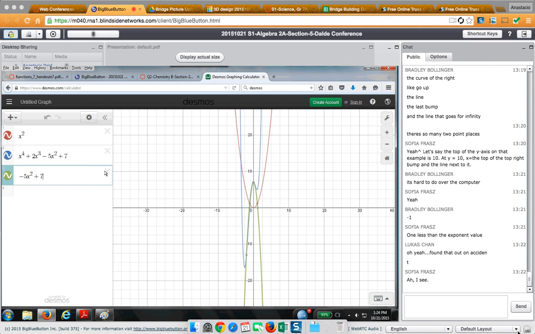One thing that we could do is ask a question like, when do these two graphs meet?